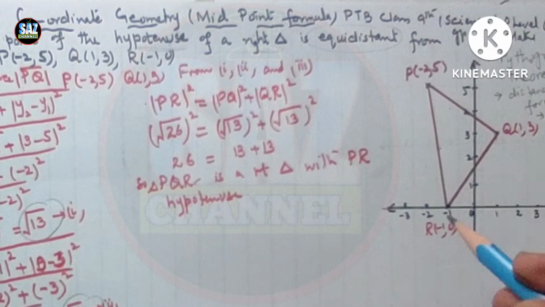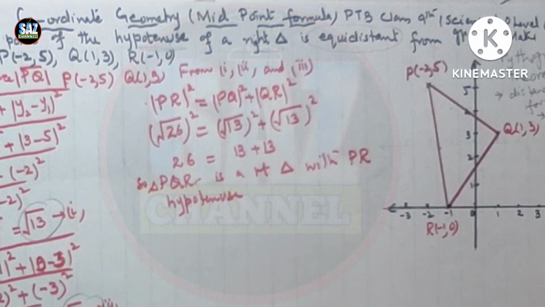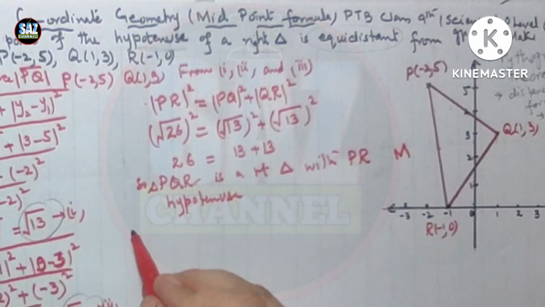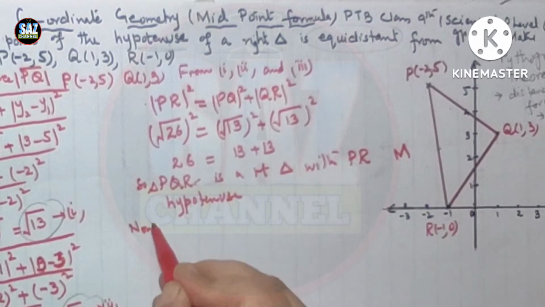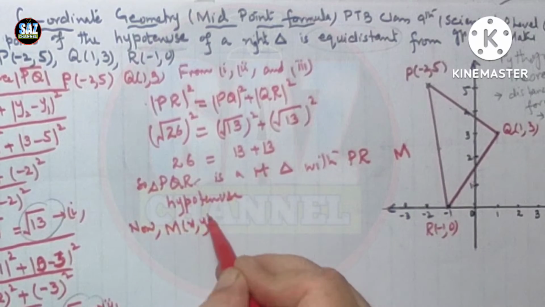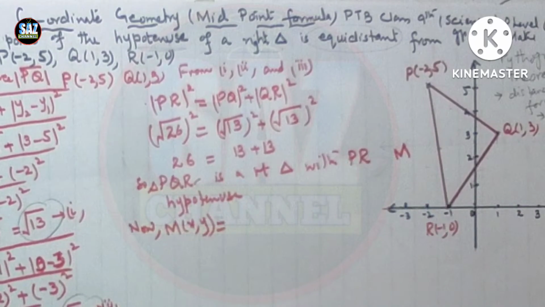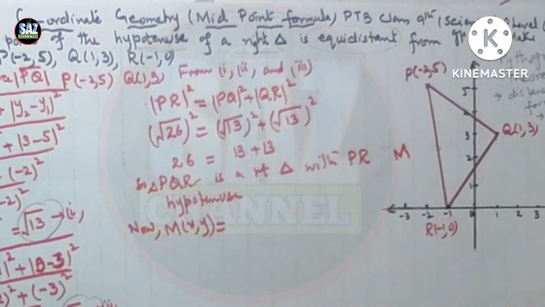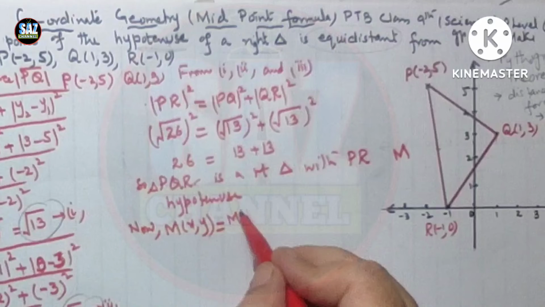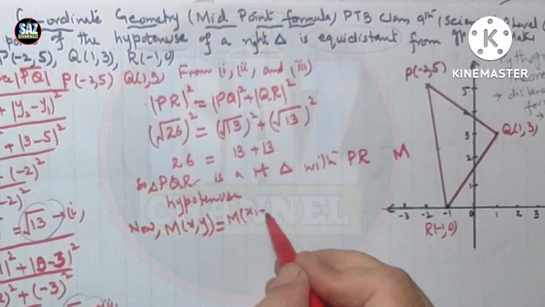Now M(X, Y). This time I'm not writing the formula. Okay, let me write it, because the students will not be comfortable in this way. X1 plus X2 over 2, comma, Y1 plus Y2 over 2, of which side? PR side.